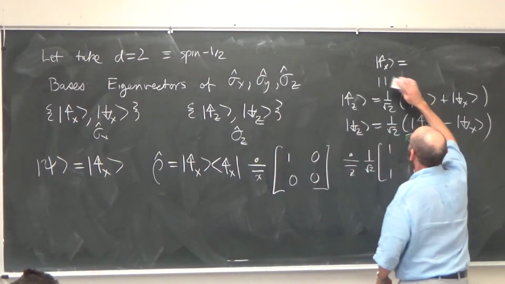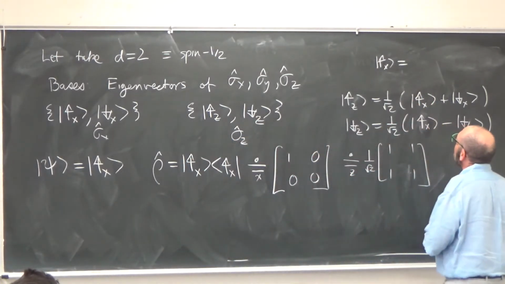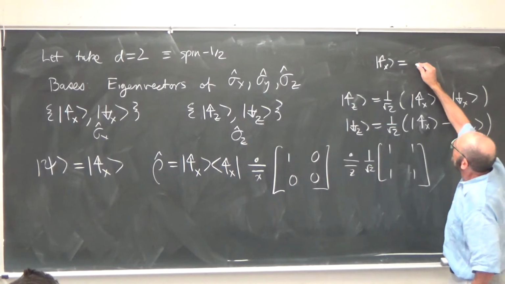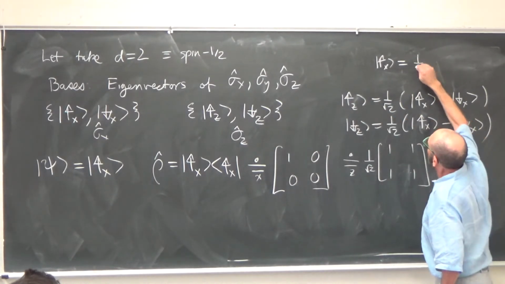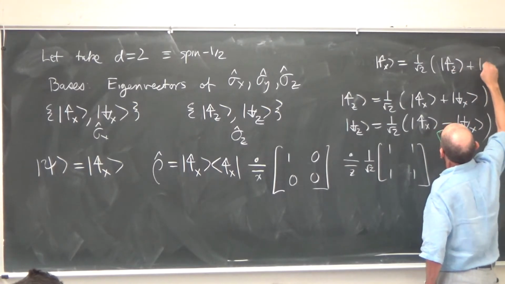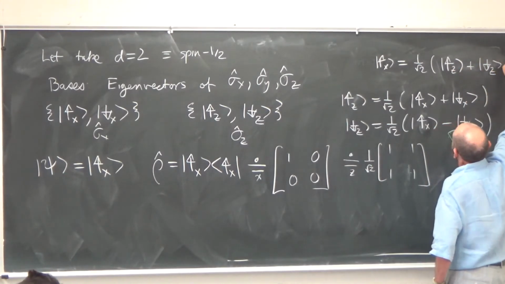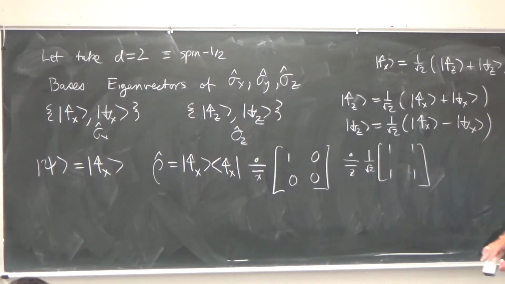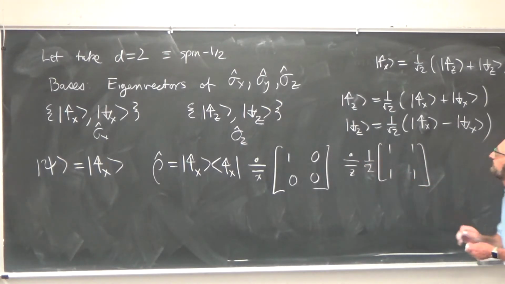It should be a half. Because this is 1 over root 2 up along z plus down along z, and the outer product of this with itself, so the factor should be 1/2, not 1 over the square root of 2. Indeed. Absolutely. Okay, now we're happy.